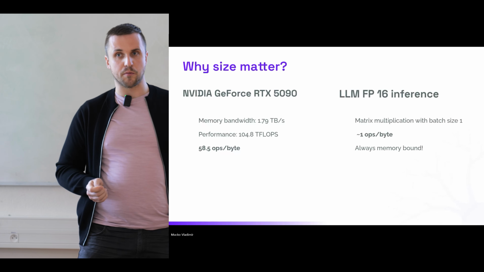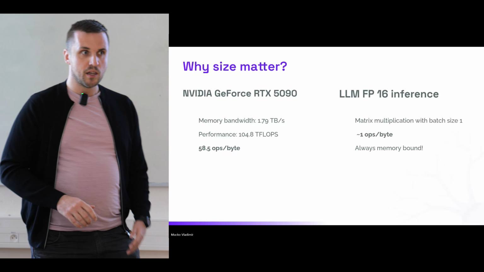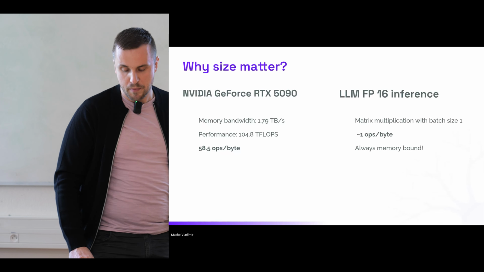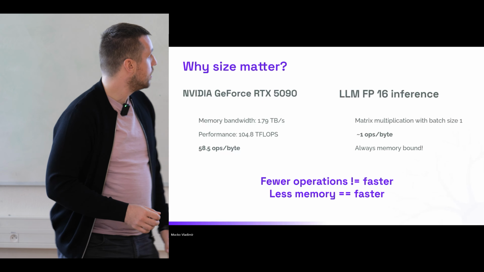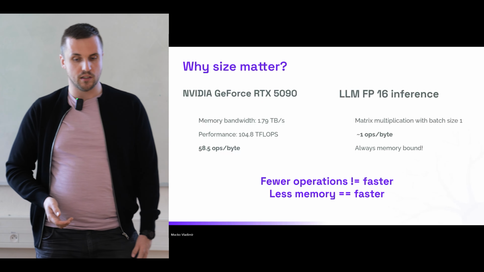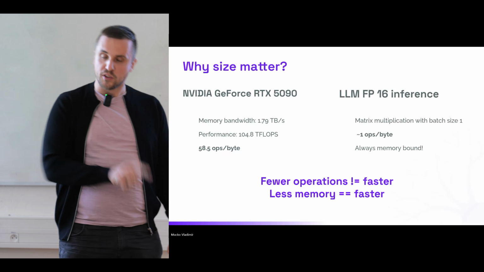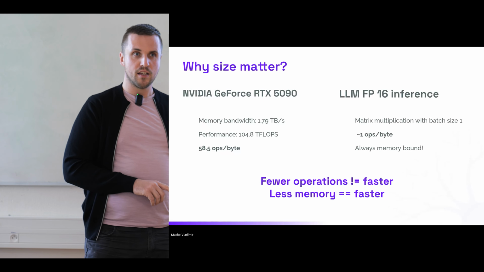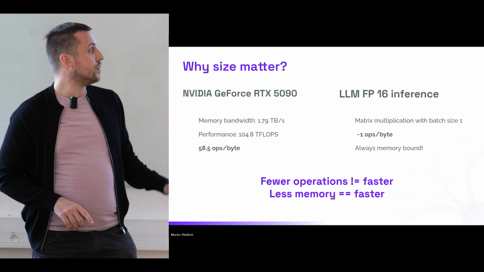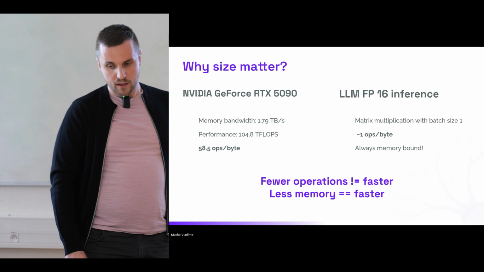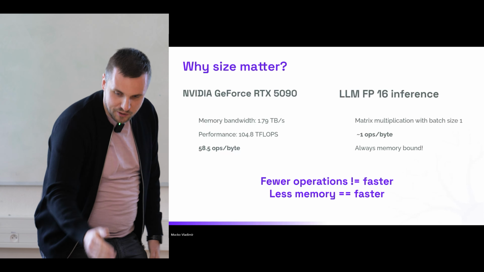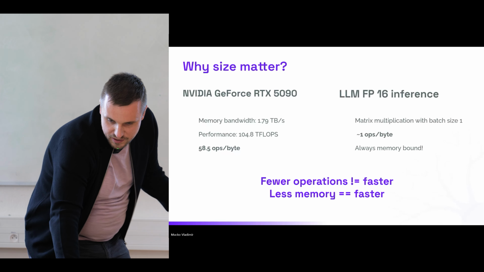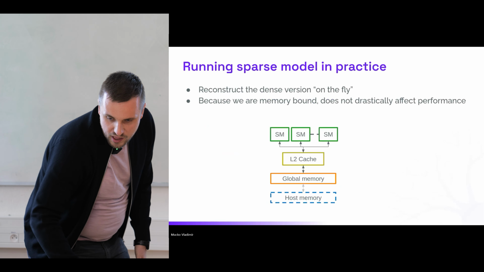That means that this algorithm is always memory bound, which means that it's limited by the speed of the memory, not by the speed of the processor. And that means that if you want to make it faster, fewer operations will not make the algorithm faster, but having it access less memory will make it faster. And that's the reason why we are interested in pruning, because in pruning we are exactly doing this: we are reducing the memory that the algorithm needs to access.